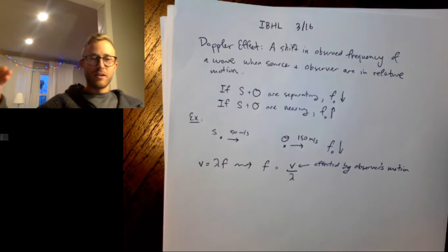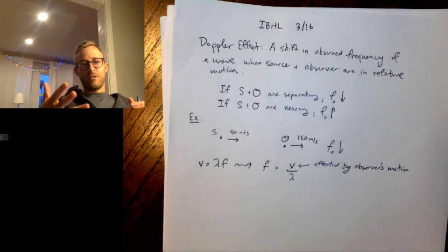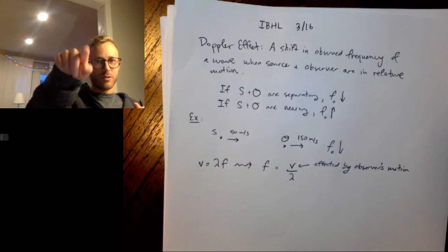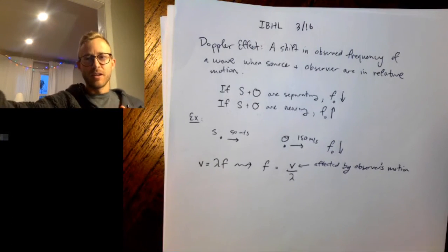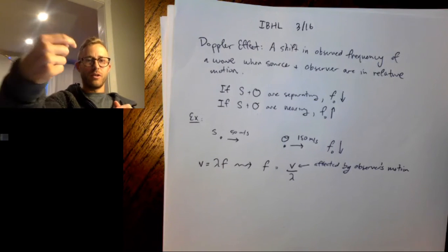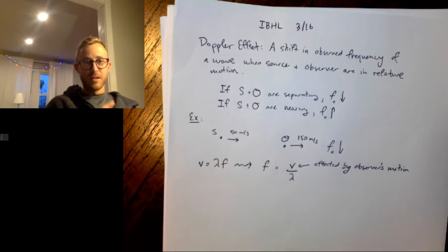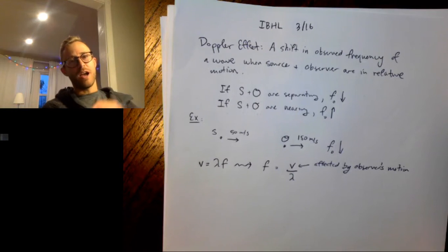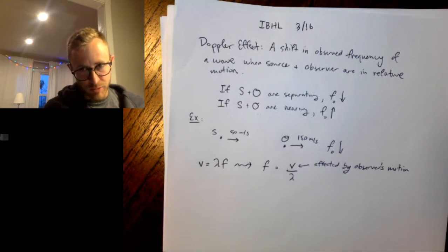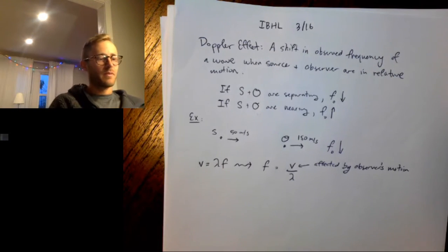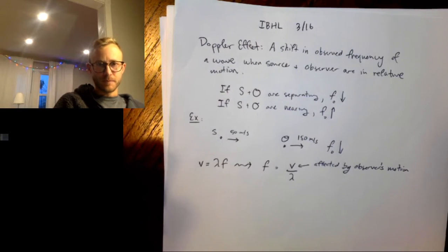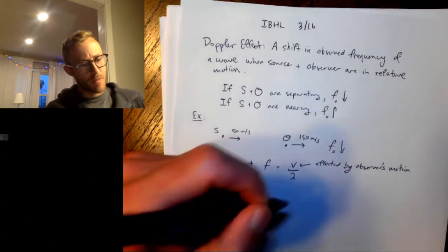Similarly, if you were to run towards me at 340 meters per second, you would see sound as approaching you at 680 meters per second. So the observer's motion affects the apparent wave speed.